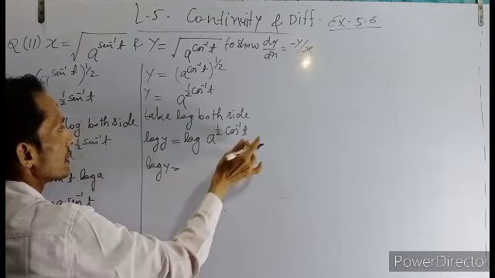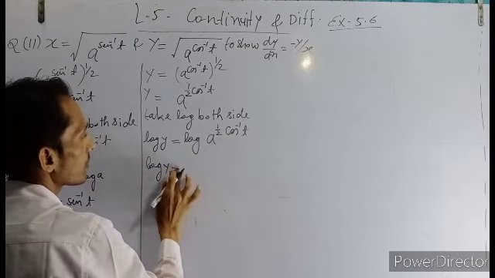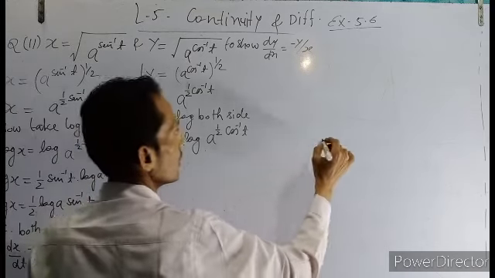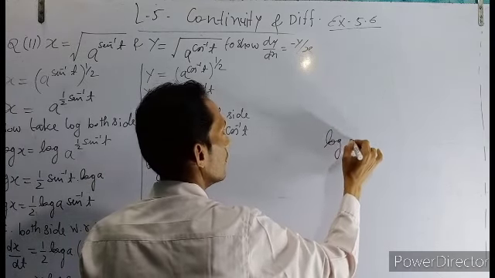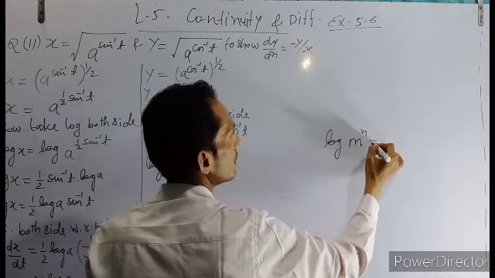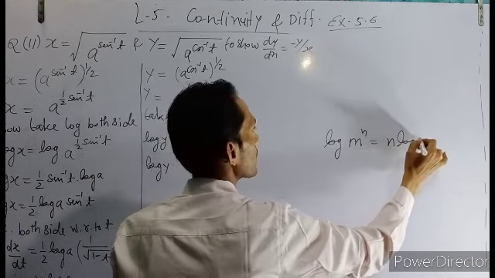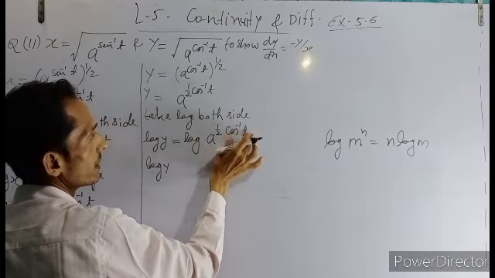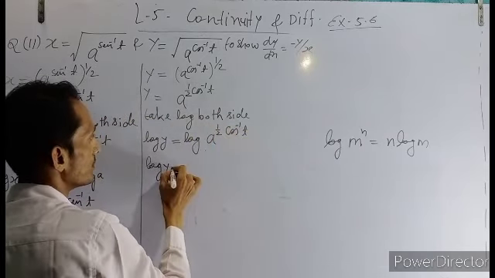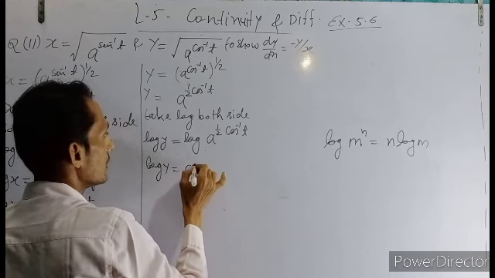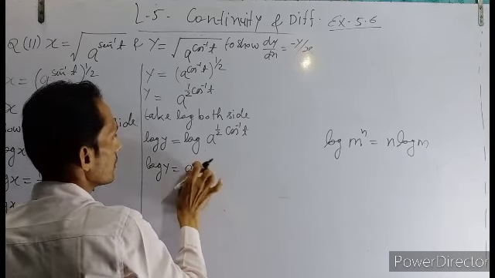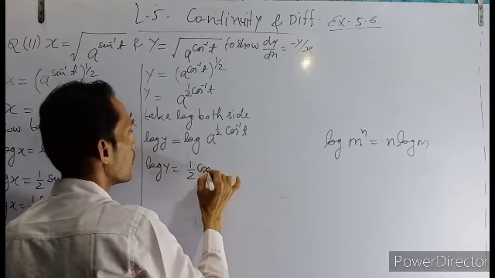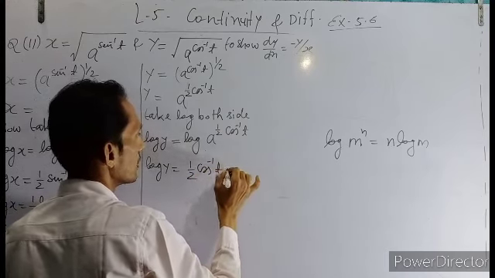For log y, we use the property: log of m raised to the power n equals n log m. So this whole quantity comes in front: 1 by 2 cos inverse t log a.